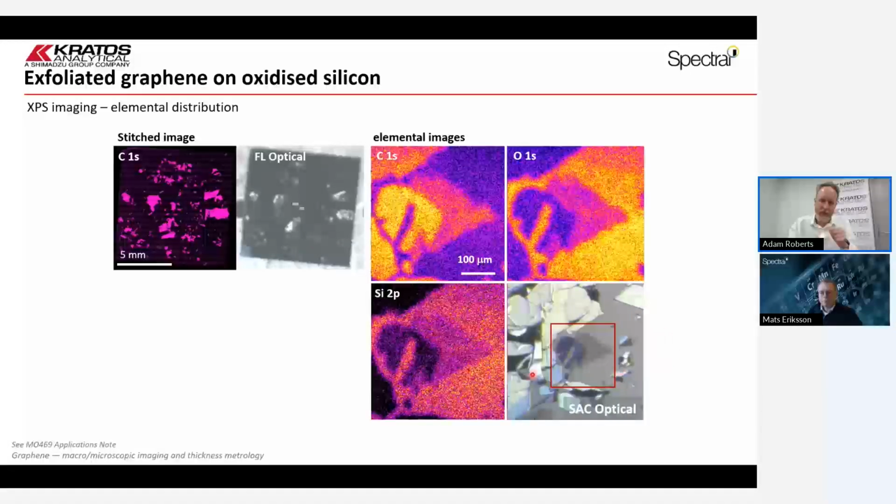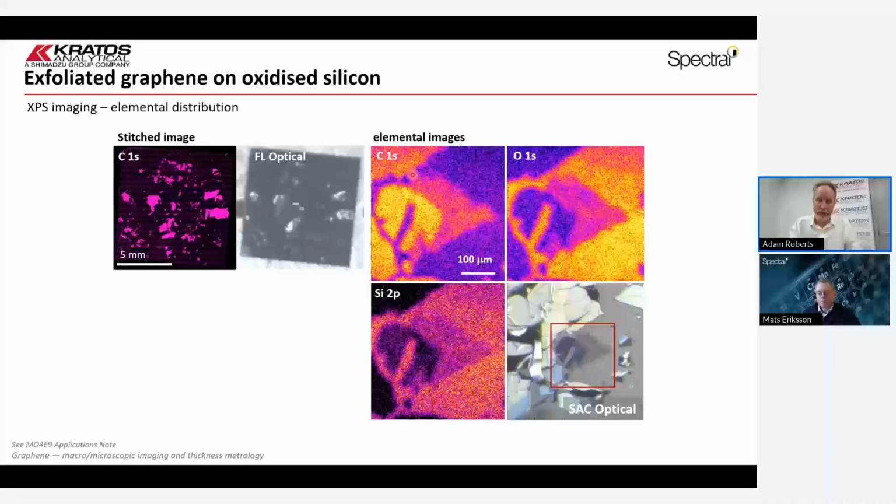And then if we think of how XPS is working, if I image the silicon substrate, where I see high signal, it means that we're not attenuating that silicon. So we can say that there's very little, if any, graphene in this area. And then we can almost see, corresponding to the optical image, that the signal of the silicon substrate is attenuated as the thickness, or the number of layers, of that graphene increases.